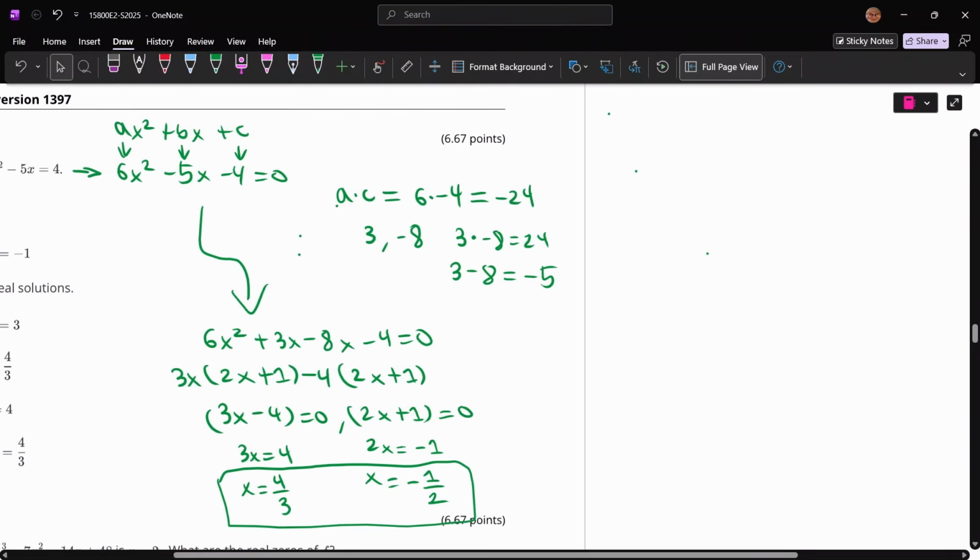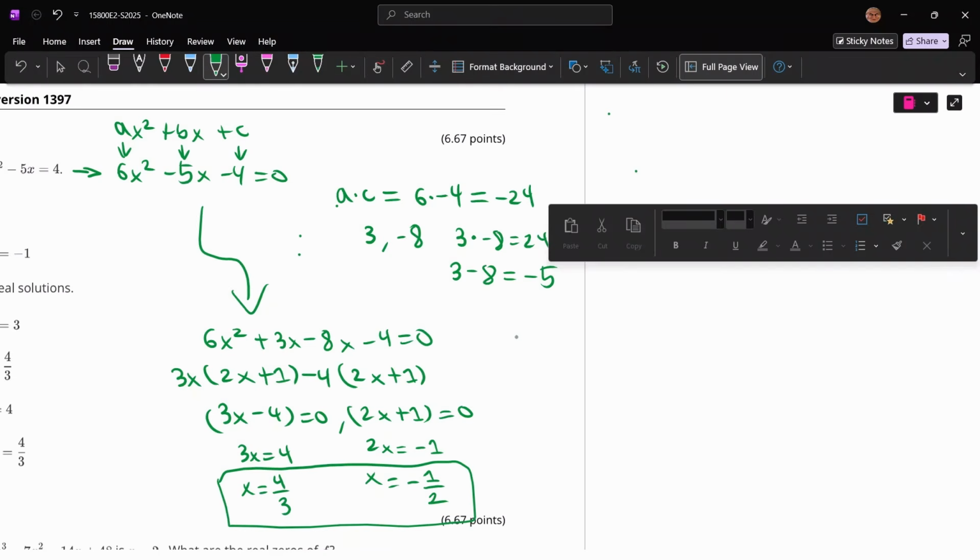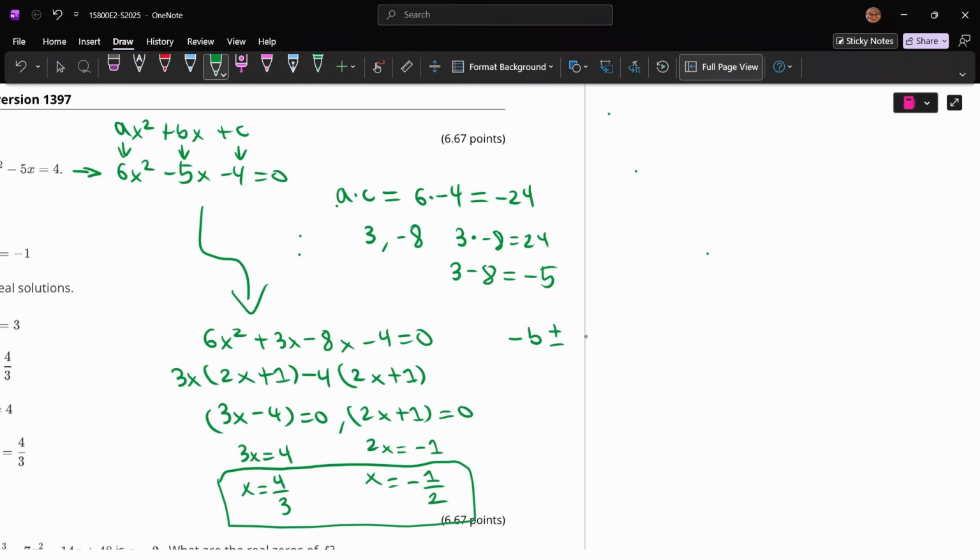Now, if you don't feel comfortable doing that, you could just plug this into the quadratic formula. It's longer, but I guess you could say it's the safer approach. So recall that the quadratic formula is negative b plus or minus the square root of b squared minus 4ac, over 2a.